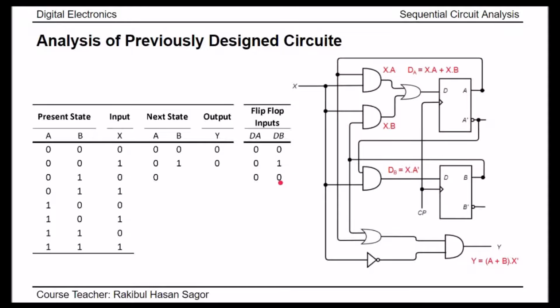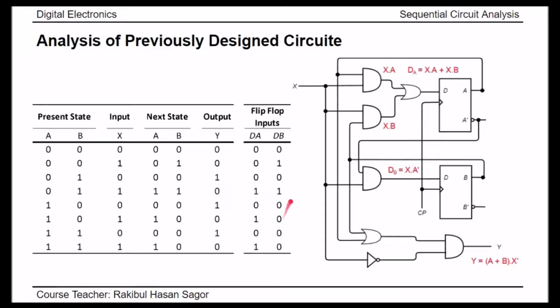If we put 0 here, the next state of B will be 0. And if we put A equal to 0, B equal to 1, X equal to 0 in Y equation, we'll get Y equal to 1. In this way, we can construct the remaining values of this state table. So these are the corresponding values for this next state column and output column and flip-flop inputs column.